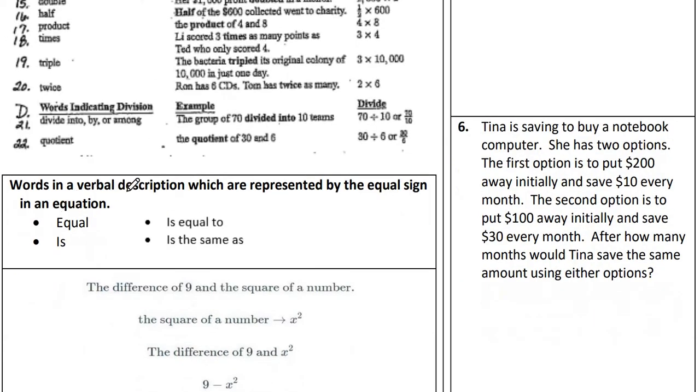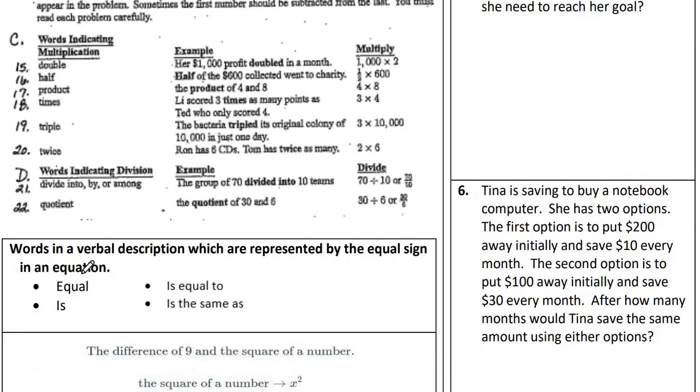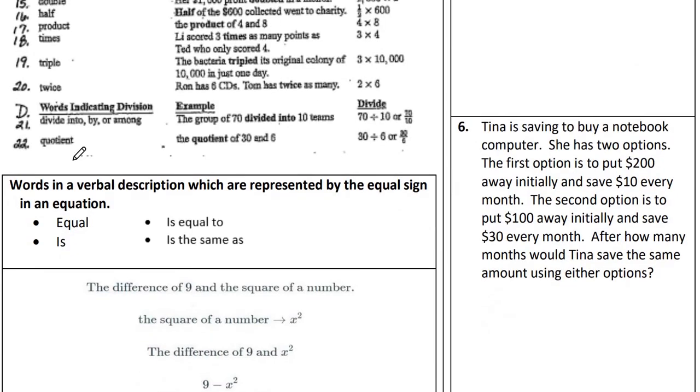There are some additional words used in a verbal description, which are represented by the equal sign. If you see the words equal, of course it means equal. Is equal to, or you may see it as is the same as. So these all indicate whether you're supposed to add, subtract, multiply, or divide.